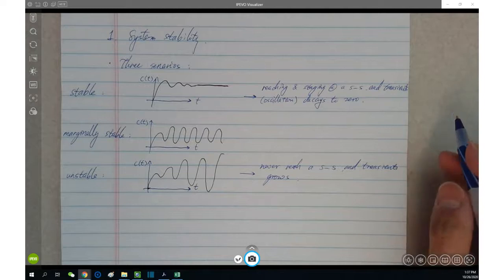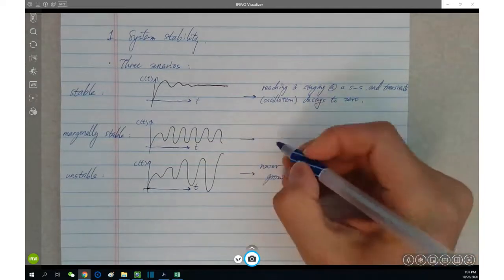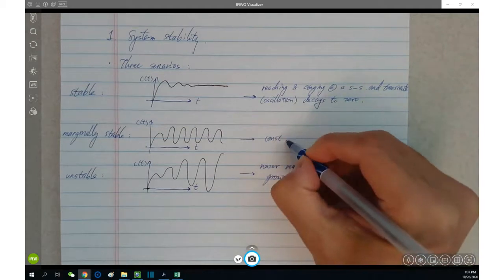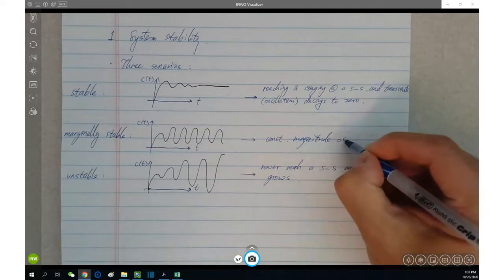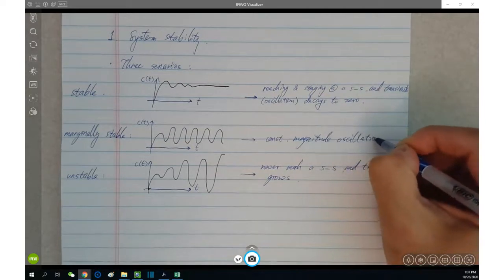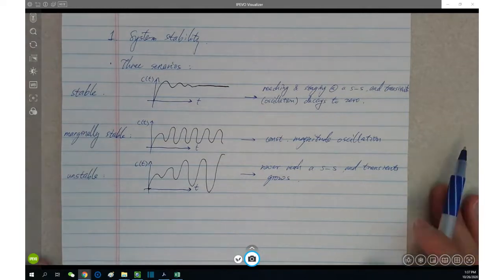Stay the same, right? Or say the constant magnitude oscillation. This is how they look.